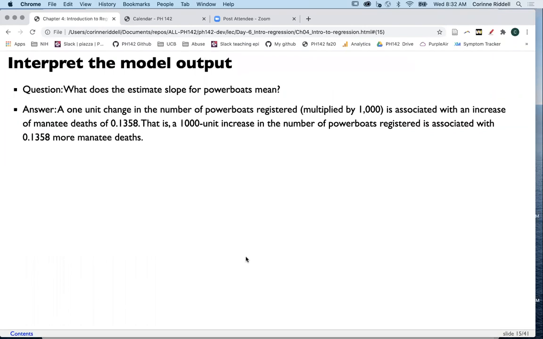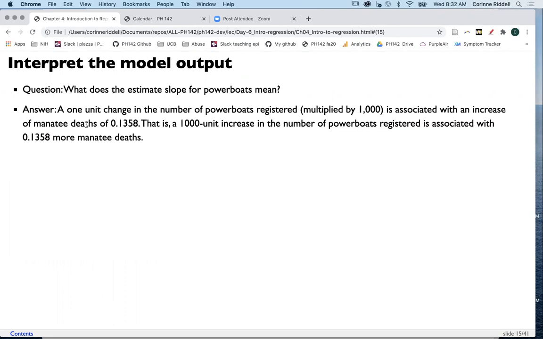Okay, so just look at this first. This is our baseline interpretation of the slope, which is correct, but hard to interpret. A 1 unit change in the number of powerboats registered multiplied by 1,000 is associated with an increase in manatee deaths of 0.1358.